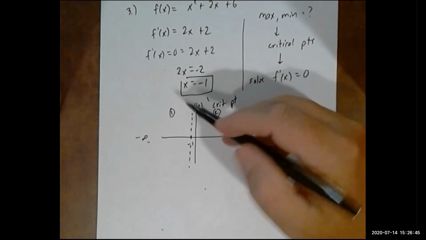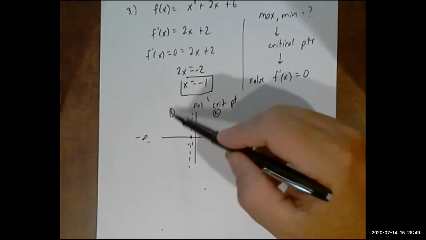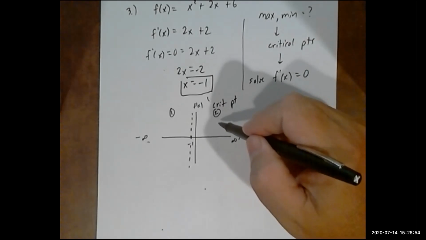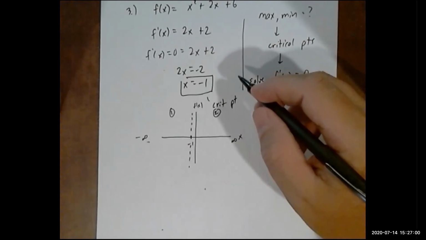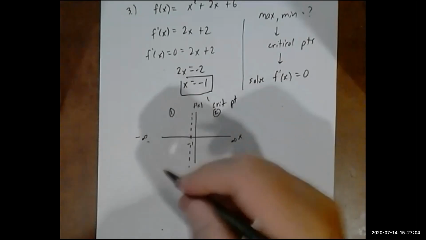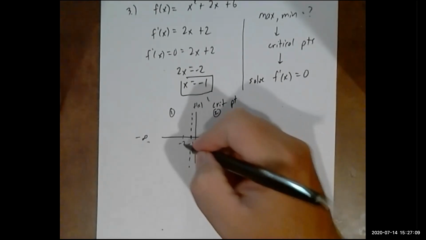So what I need to do is figure out what the sign of the first derivative is in region 1, and figure out what the sign of the first derivative is in region 2, and then I'll know what's going on at x equals -1. So what I typically do is choose a point in region 1, like -2. And I go to my first derivative.